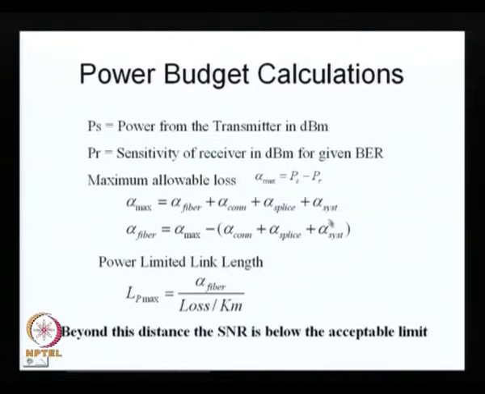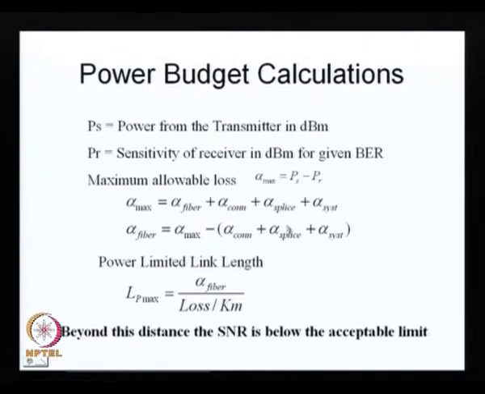So, normally there is some margin left with you, what is called the system margin. From here now essentially we want to find out what is the loss in the fibers which is possible. So, alpha max is known from these PS minus PR, and all these connector losses are known.